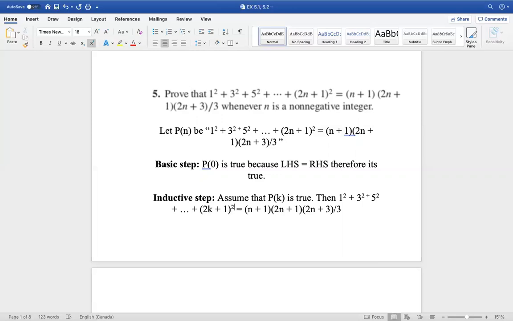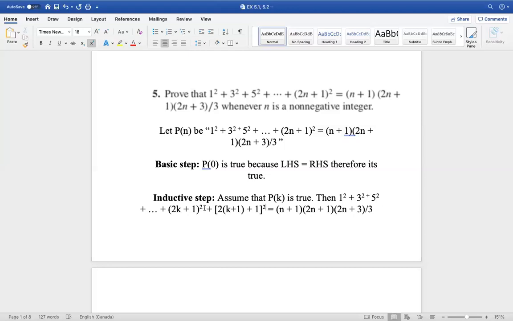And then 2k plus 1, and then we also go one step further, which is plus (2k plus 1) squared, because that will be the next number in that sequence, right? We suppose that if it's true for something, then it's true for the next thing as well.